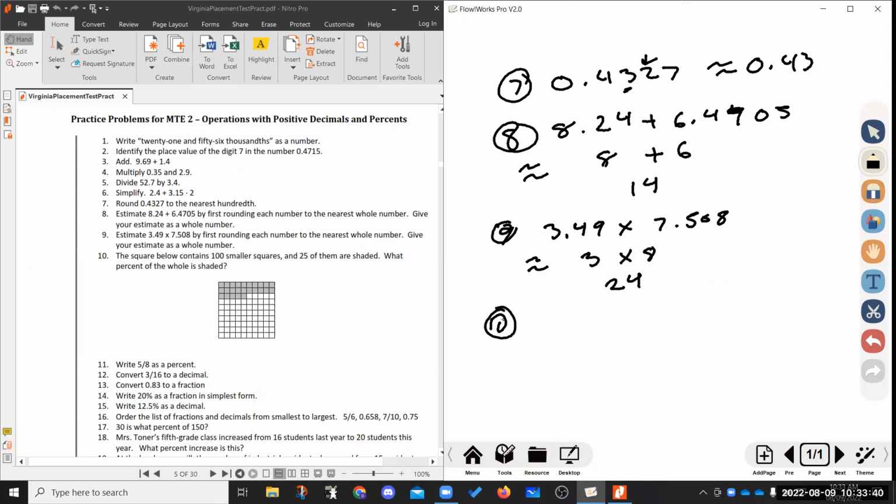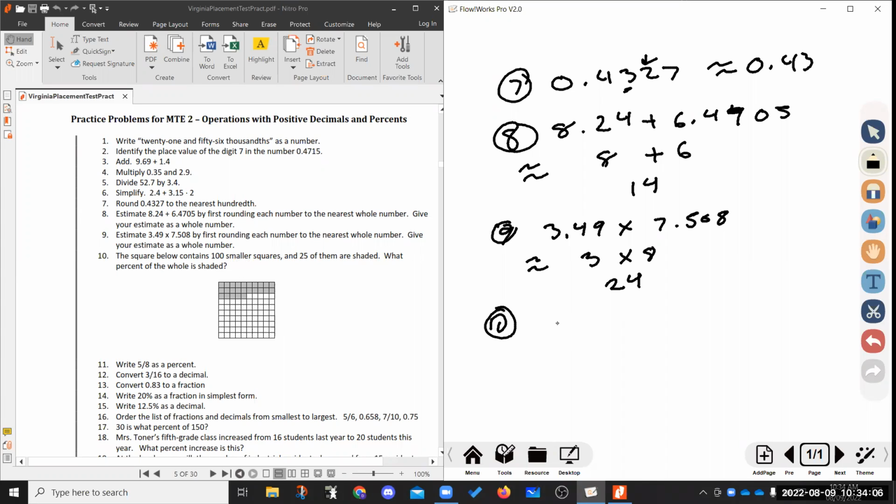Number 10 asks us to count the small squares below. Just to look at the squares below, 25 of the 100 small squares are shaded. What percent is shaded? Okay, 25 out of 100 is literally 25%.